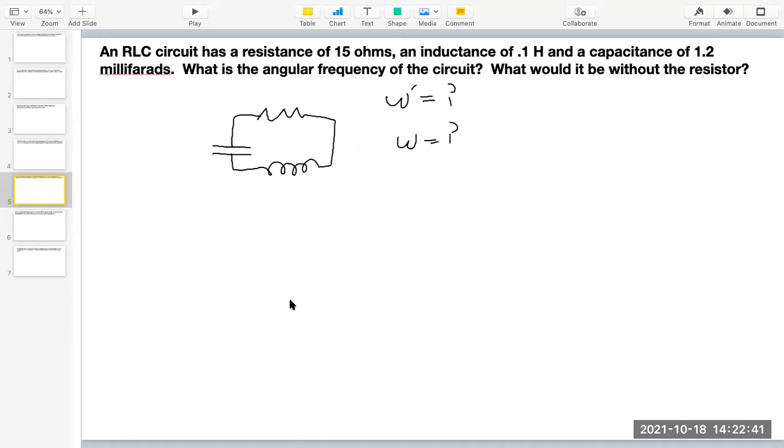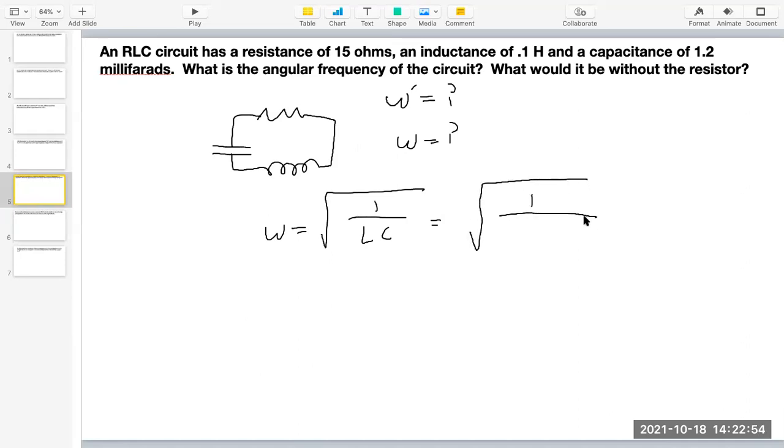So without the resistor, Henrys times 0.0012 farads, and that is 91.3 inverse seconds.